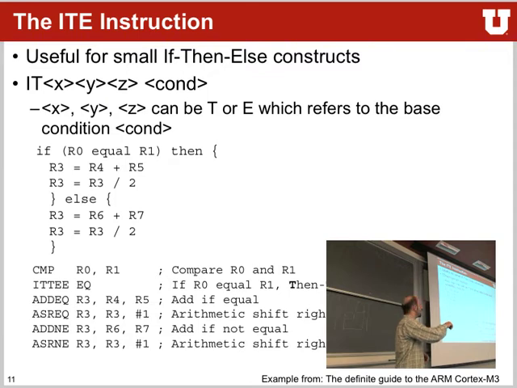So this will now tell us that these instructions here are conditional. And more specifically, we'll have a then, then, else, else. So then equal, else not equal, else not equal. And this encoding represents exactly what we have up here in C code. It's a neat little trick with if-thens that you can do in ARM assembly.